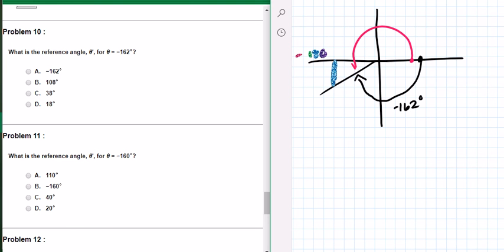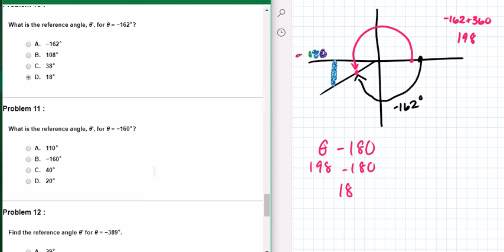For negative 162, I add 360, and I get 198. If this were my angle instead, 198 degrees, what I would need to do is take theta minus 180, so 198 minus 180 equals 18. Alright, so my answer here is 18 degrees.